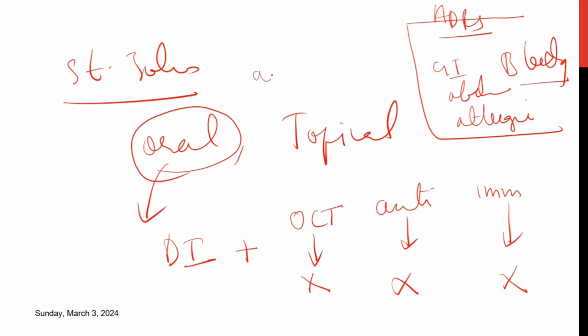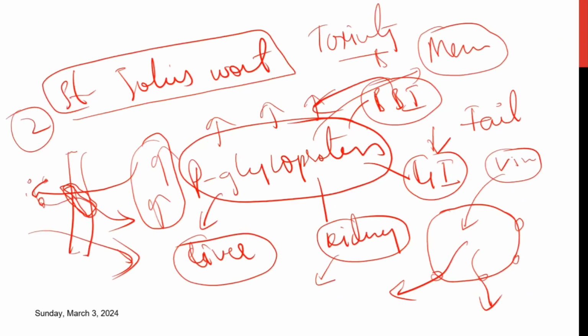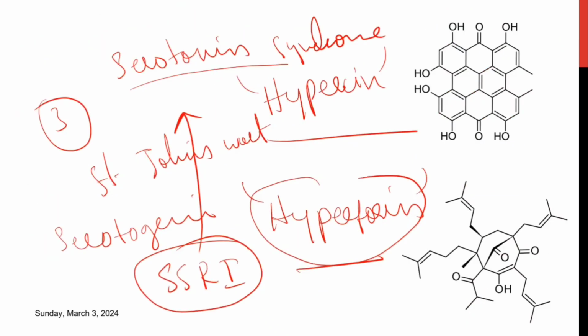And remember one thing, in allopathic medicine, it suggests St. John's wort for depression. It has only claims, and there is so much other research going on on these two molecules. These two molecules are being further studied, and the specific dose and their adverse effects and everything is studied. So never suggest St. John's wort to a patient. And if anyone is taking St. John's wort, be very careful with drug interactions.